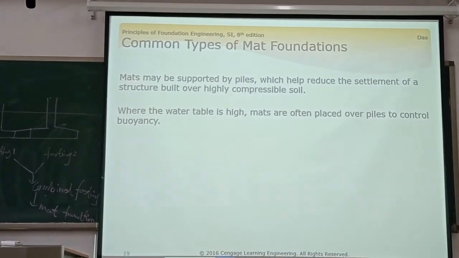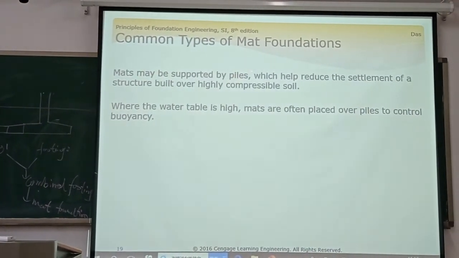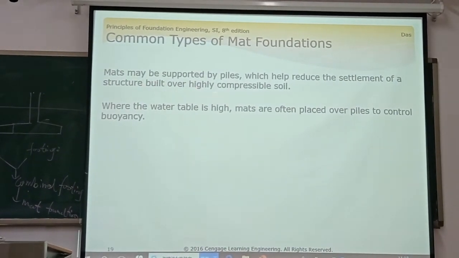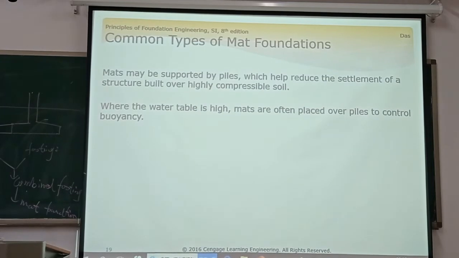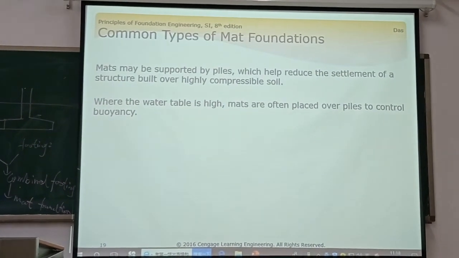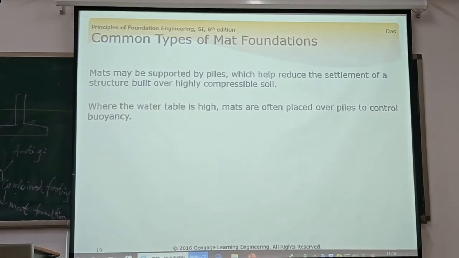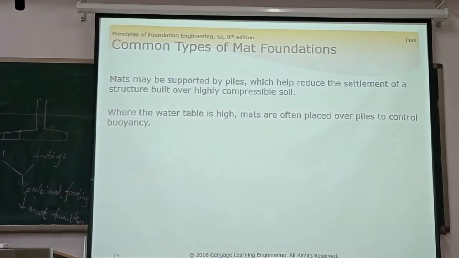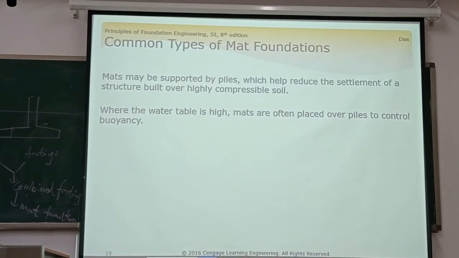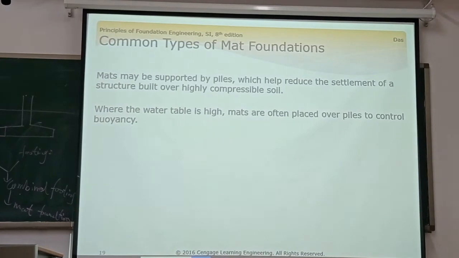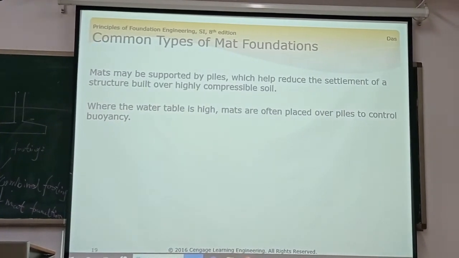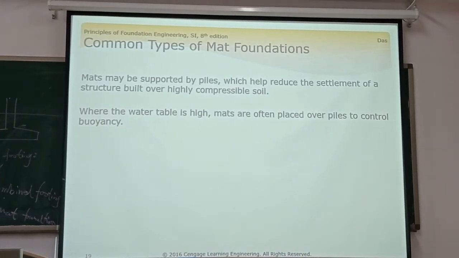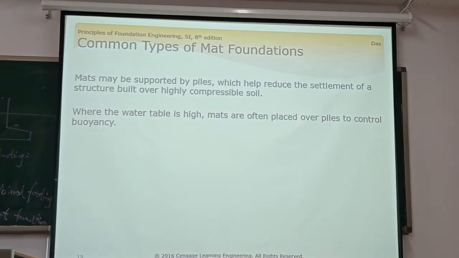Mats may be supported by piles, which help reduce the settlement of structures built on highly compressible soil. If the soil has consolidation, we have large settlements, then the mat foundation cannot reduce this settlement because the soil is so soft. So then we can use the piles at the bottom, and transfer the load to the depth in the ground.